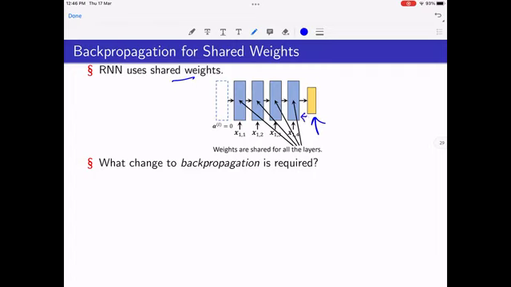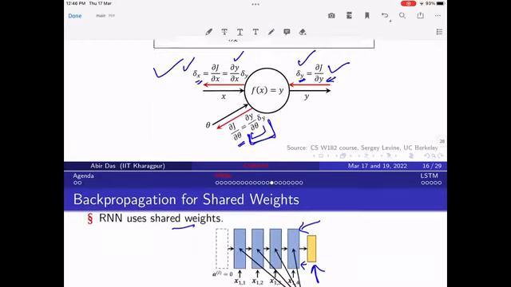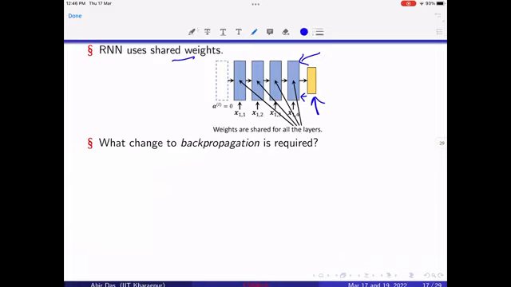Now you are multiplying delta with the del y of this layer with respect to del theta. So delta into del y del theta gives you the derivative of the loss with respect to the parameters in this layer. So you get the del J del theta.